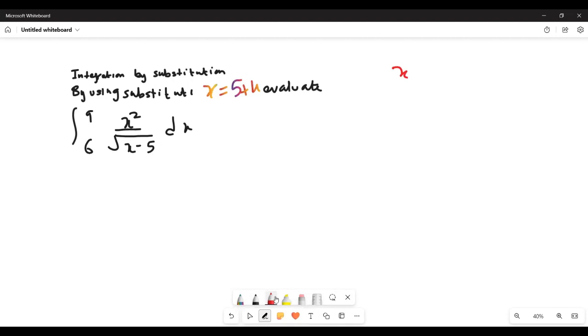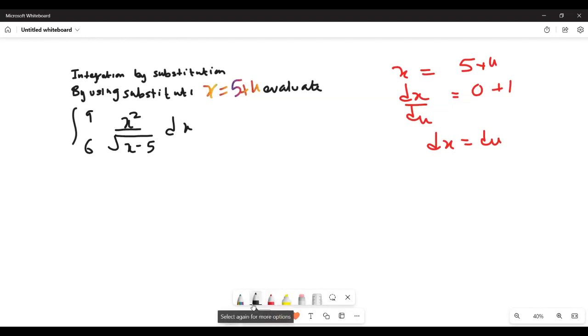So x equals 5 plus u, dx upon du will be equals to 0 plus 1, meaning dx is equals to du. So I'm going to convert that into u. So I will not write the limits 9 and 6 because they're the limits for x, not the limits for u. So x gets replaced with 5 plus u.